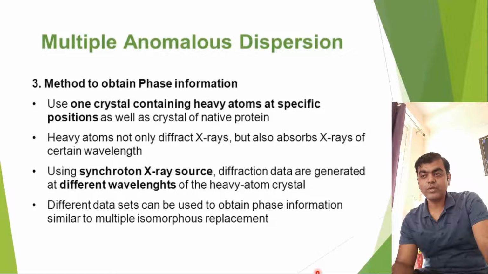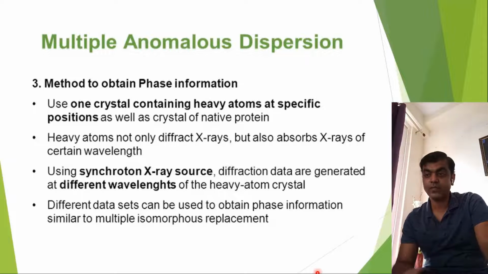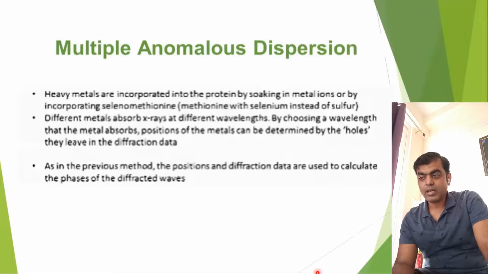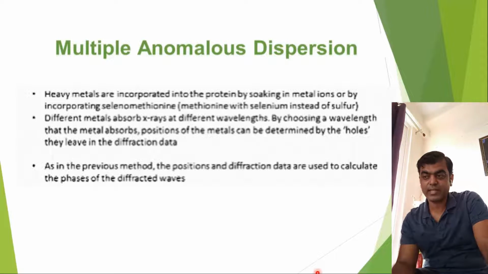So how do we do it? Basically, how do we get from a native protein to a heavy one? Heavy metals are incorporated into the proteins by soaking in metal ions, or by incorporating methionine with selenium instead of sulfur. So it is selenomethionine basically. This is incorporated, and instead of a sulfur you are giving selenium here.